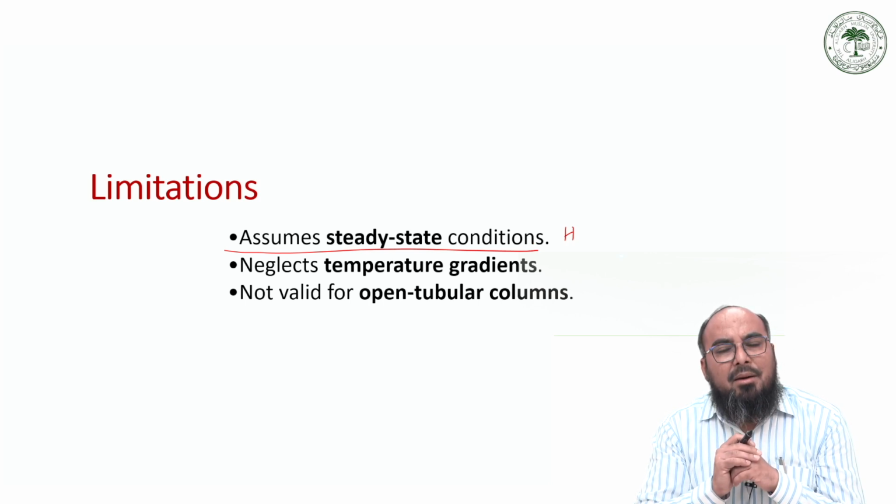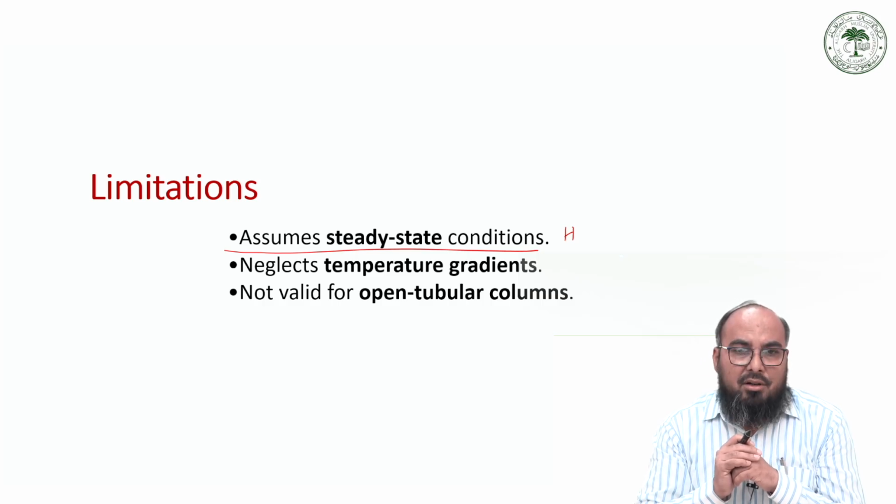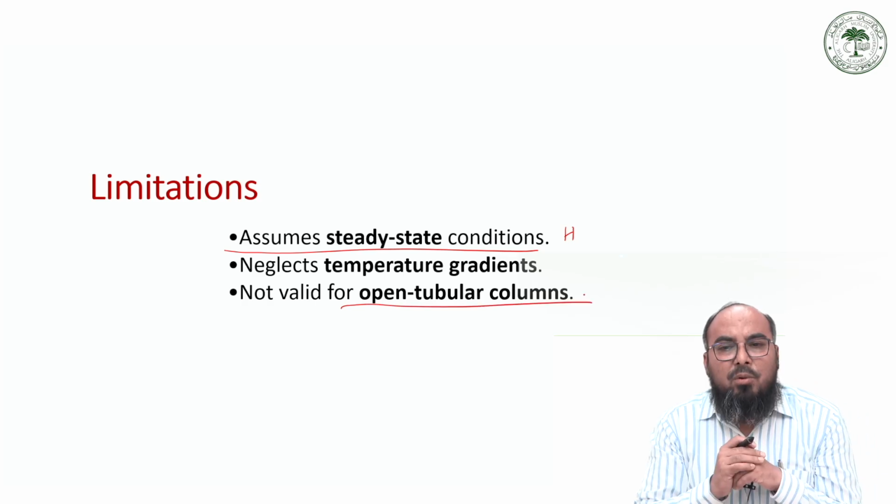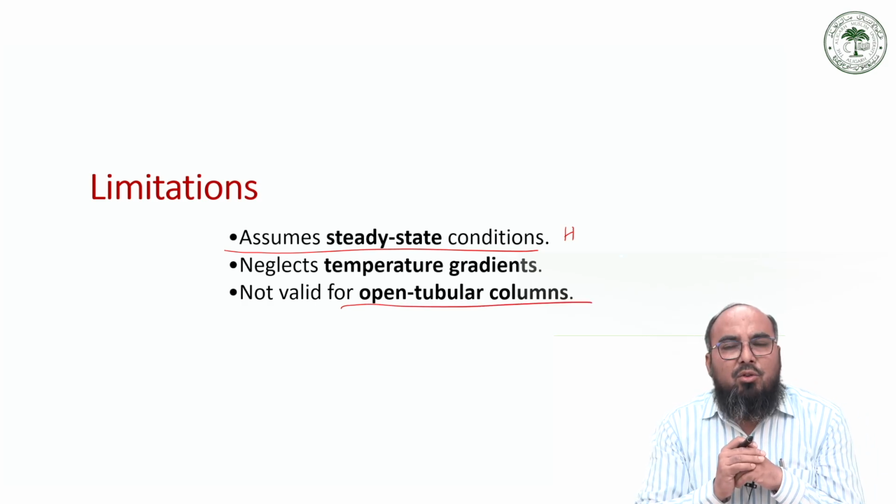It neglects the temperature gradients, which are again very important, and these are not valid for open tubular columns. This fact we are going to recheck when we study gas chromatography.